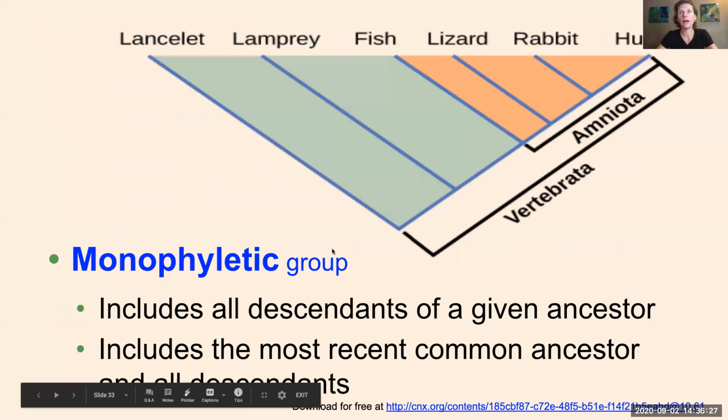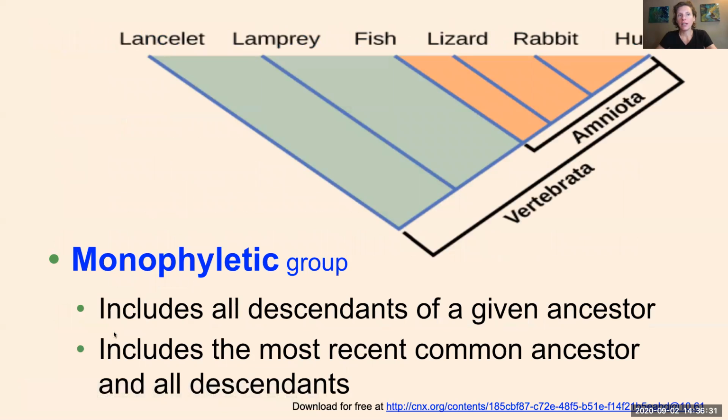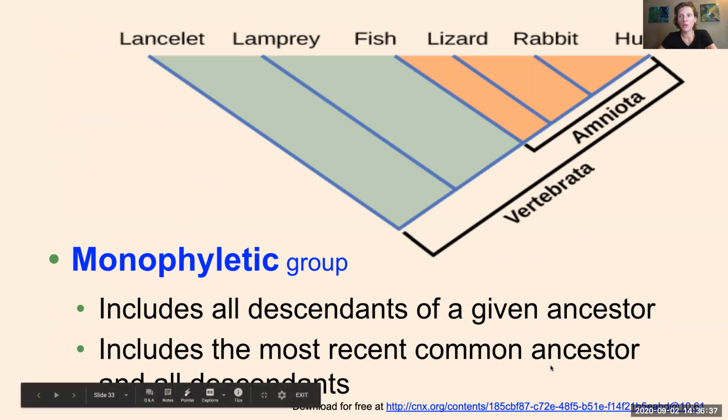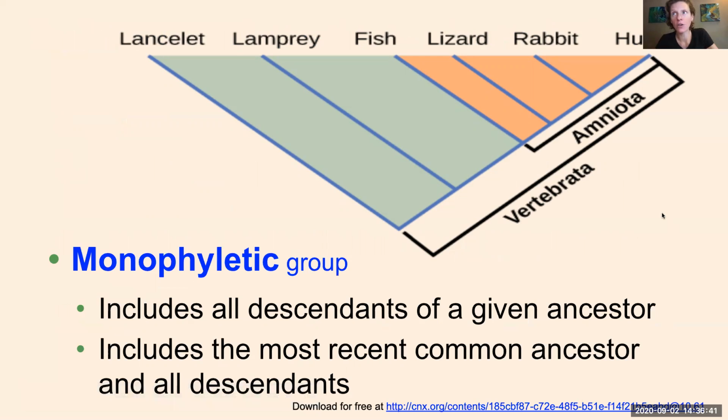Okay, a monophyletic group is just a group that includes all of the descendants of a given ancestor and includes the most recent common ancestor. So you might say the lancelet, lamprey, fish, lizard, rabbit, and humans are all monophyletic. They're all vertebrates. Okay, so they're in a monophyletic group.